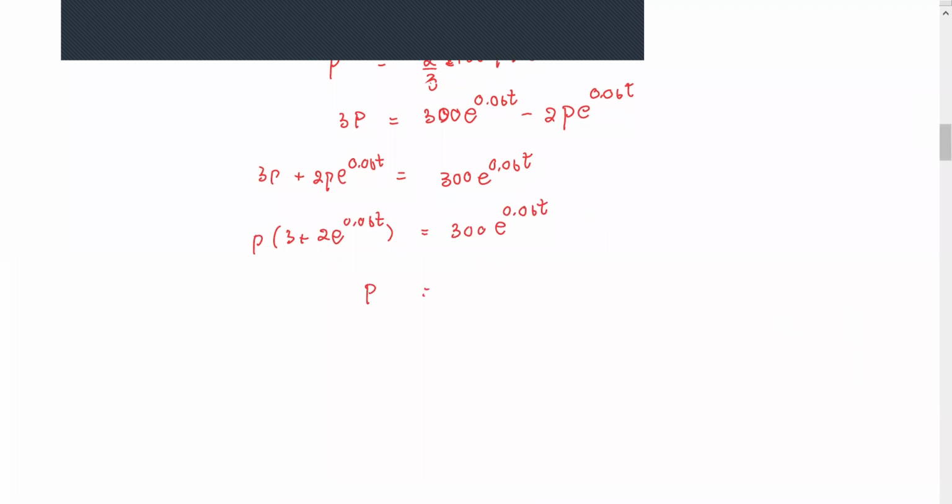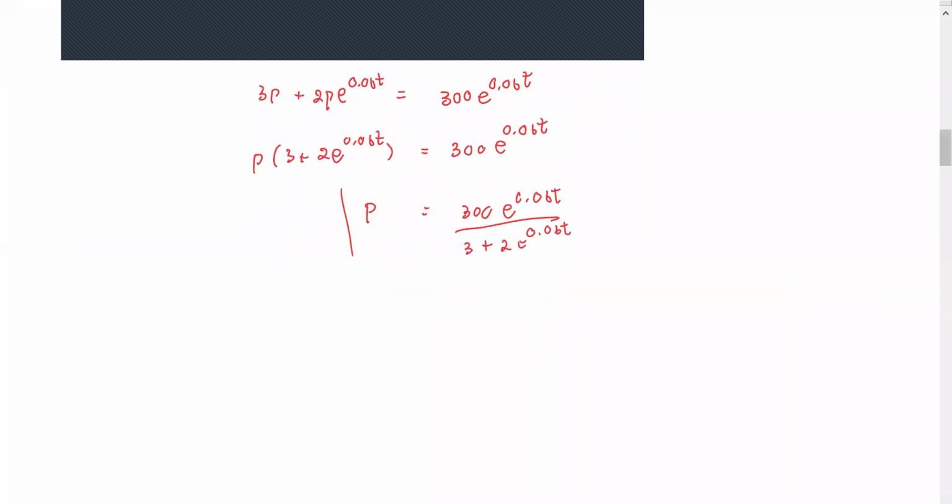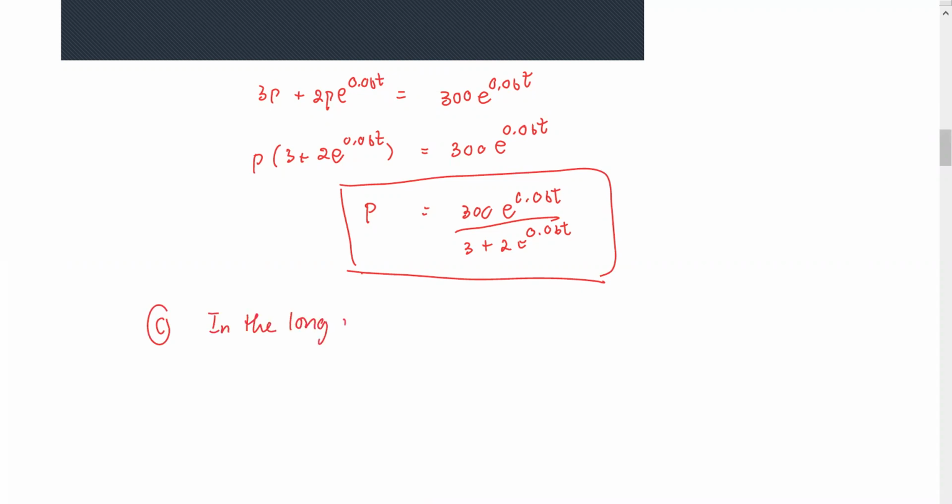So we get P as a solution: P equals 300 times e to the 0.06 t divided by (3 plus 2 times e to the 0.06 t). That is the solution for part B. And then in part C, in the long run, that means as t approaches infinity, what happens to P?